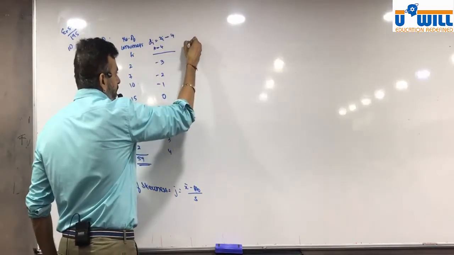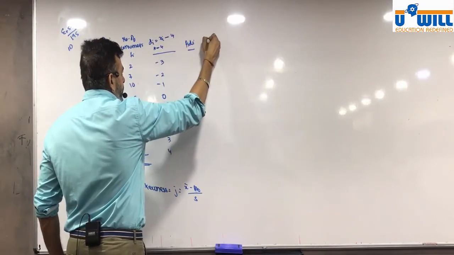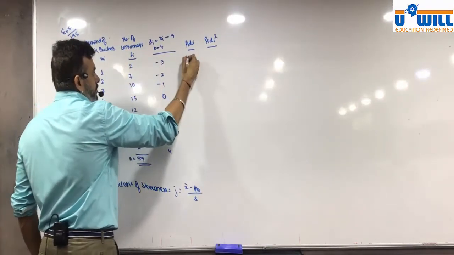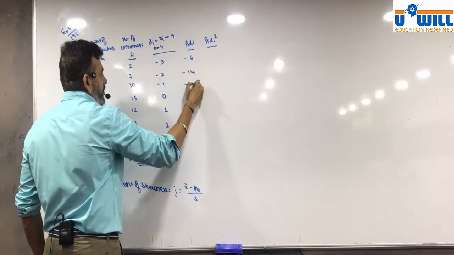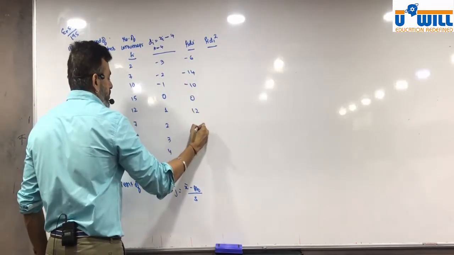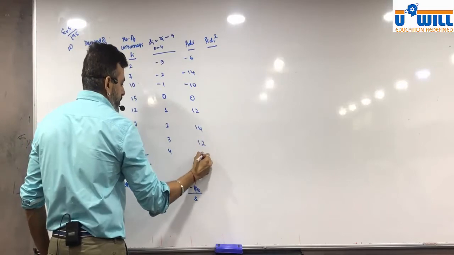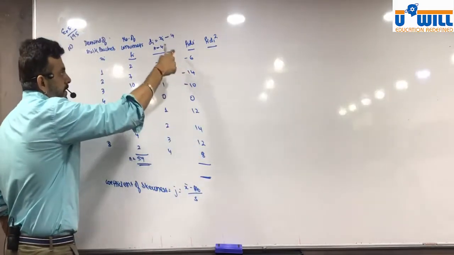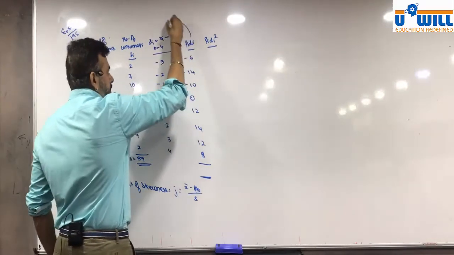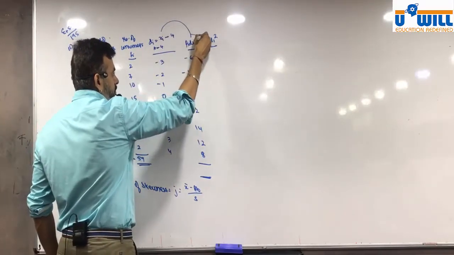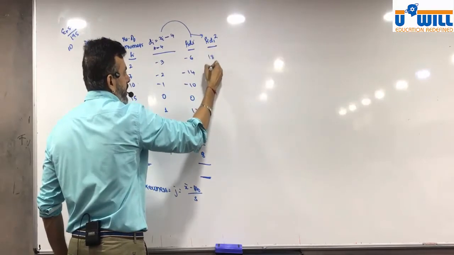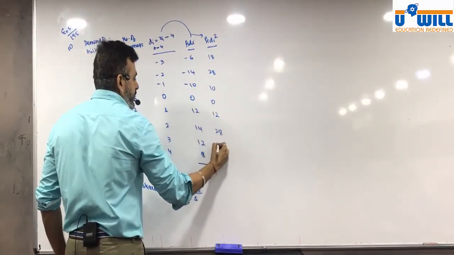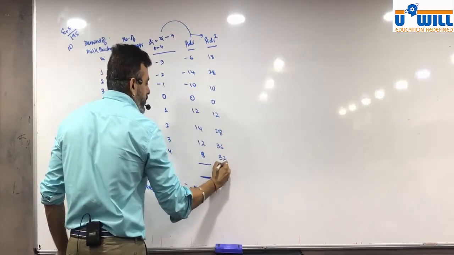We find out fi di and fi di square. Fi into di: -6, -14, -10, 0, 12, 14, 12, 8. Fi di square, fi di into di: 18, 28, 10, 0, 12, 28, 36, 32.